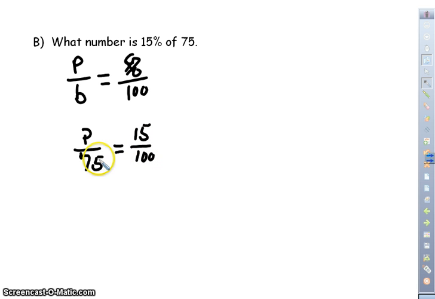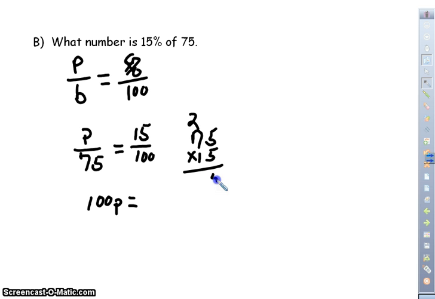We can leave it. So then we get 100p equals 75 times 15. Most of you are doing this in your calculator, which is 25. That's 35 plus 2 is 37, 0, 5, 7, and we get 1125.